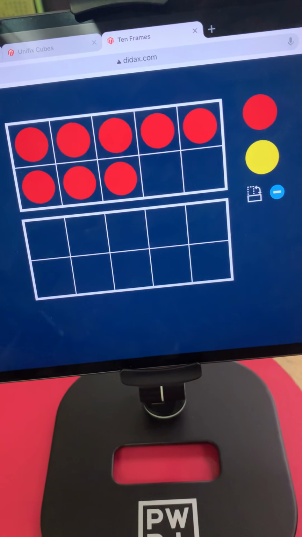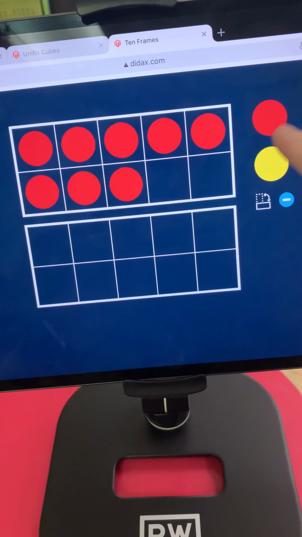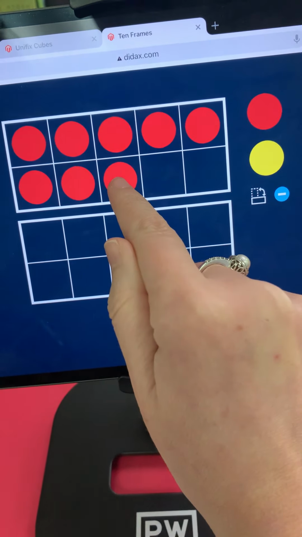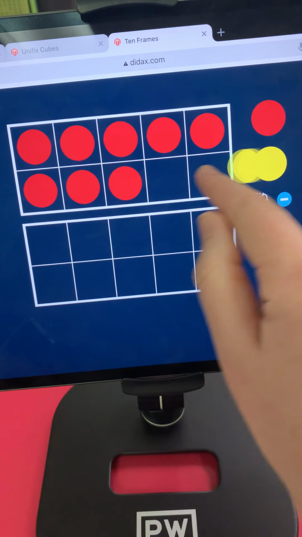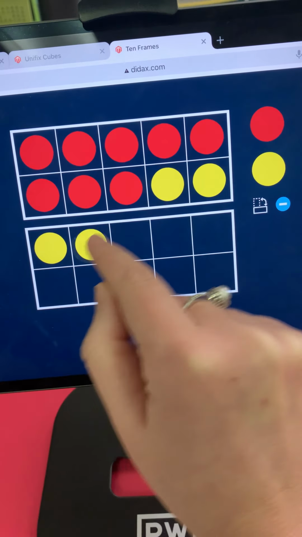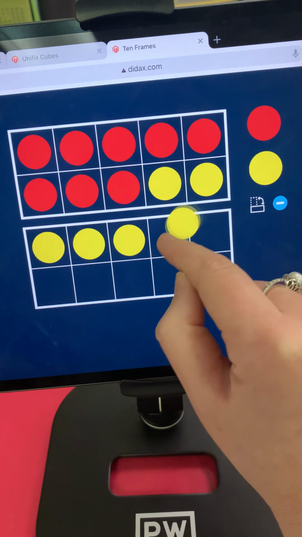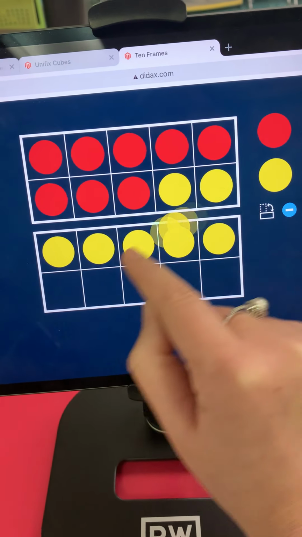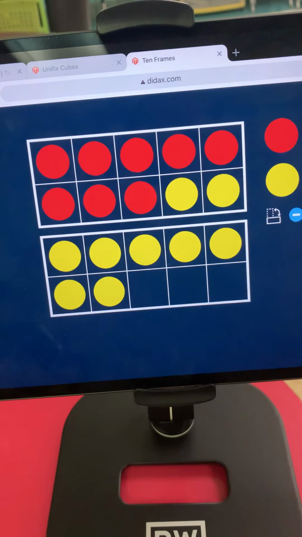Then we're going to count up to 17. Remember, when you're counting up, you use the yellow. So this was 8, 9, 10, 11, 12, 13, 14, 15, 16, 17.